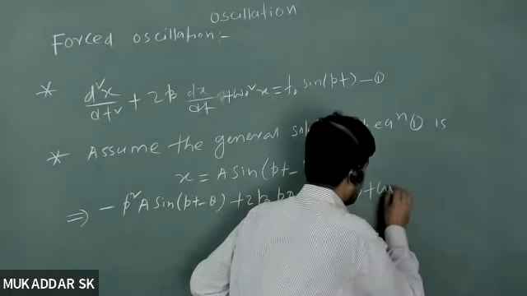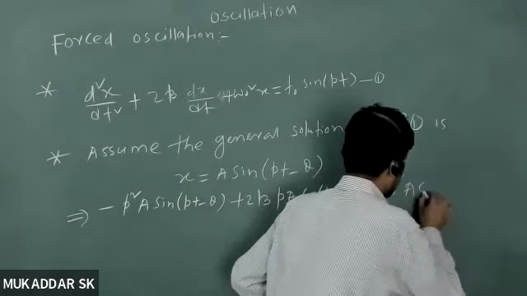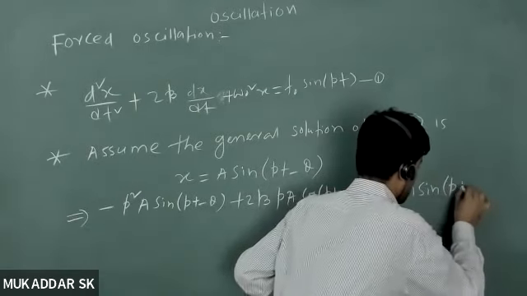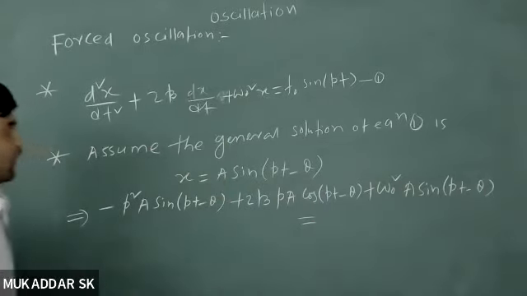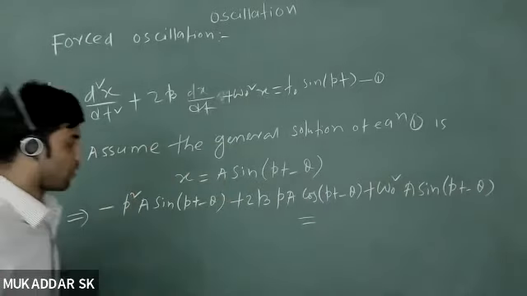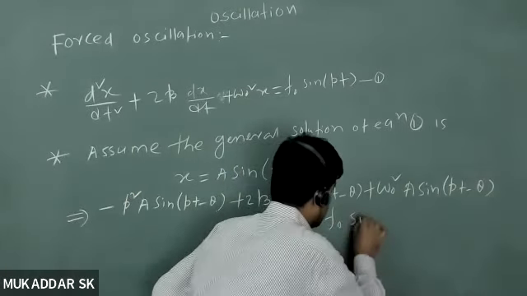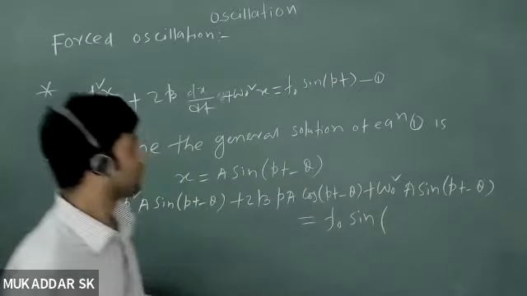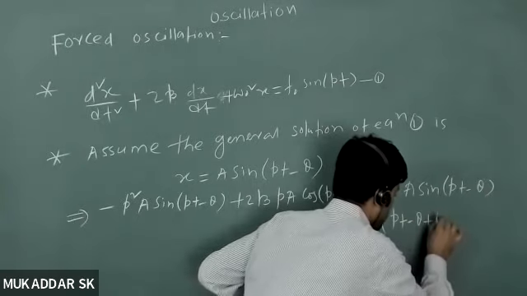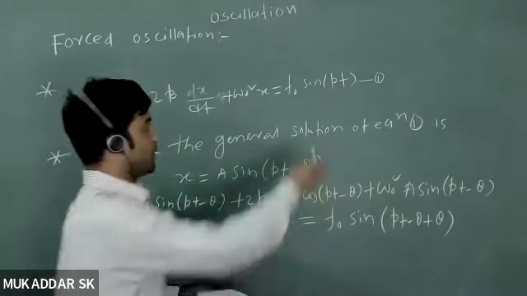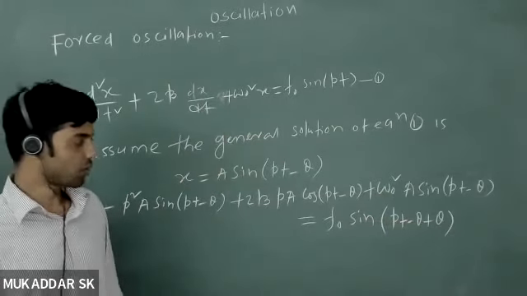And the last term, omega naught square x, is omega naught square a sine of pt minus theta. Now look at the right hand side term, F naught sine pt. In place of pt, I can write pt minus theta plus theta. That's not a problem.